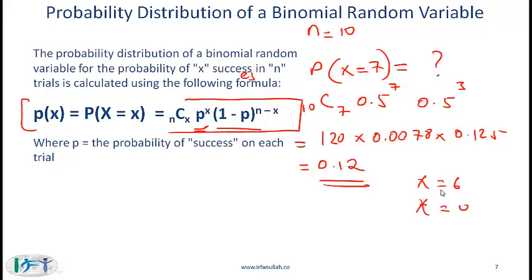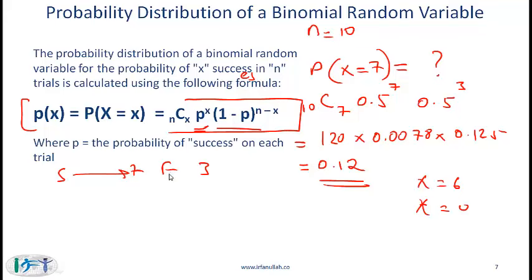But let us also try and understand the logic behind this formula. Let us take the 7 successes example that we've talked about. To have 7 successes, one possible scenario is that your first 7 coin flips are successful and then the next 3 are not successful. So what is the probability of success 7 times and then failure 3 times?